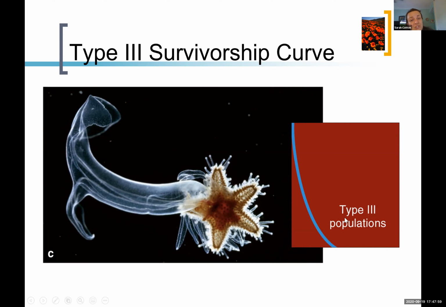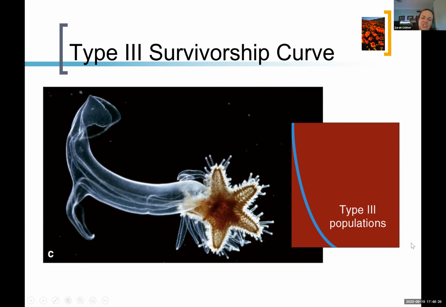A type 3 survivorship curve means that your risk of dying is way higher when you're a little baby, right? So your chance of dying any given day is much higher when you're young. And then as you get older and older, it kind of levels out. Your chance of surviving is decent. And then, you know, end of lifespan, it craps out again.